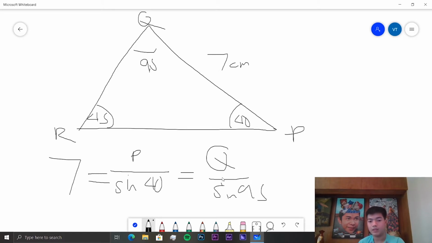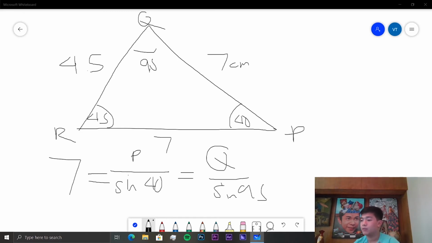So 7 times sine 40 is equal to 4.5 effectively. And then 7 times sine 95 is almost 7 as well. I'm getting around 6.97 for that side. So let's just check if that is correct.